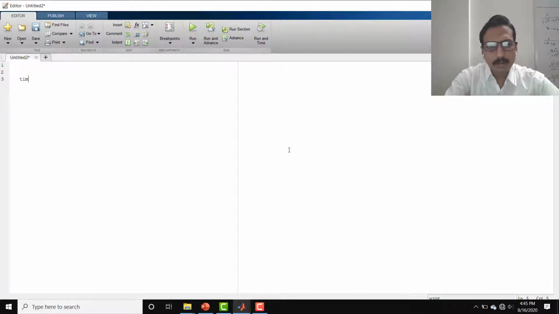Here we take time of 1 second, which ranges from 0 to 1 second in steps of 0.001. This is the syntax of that software.